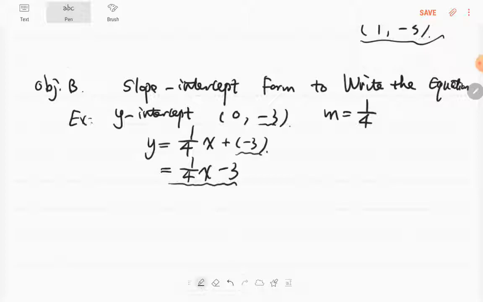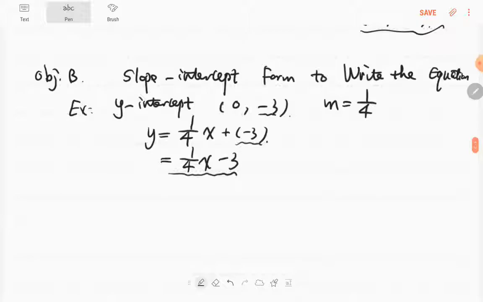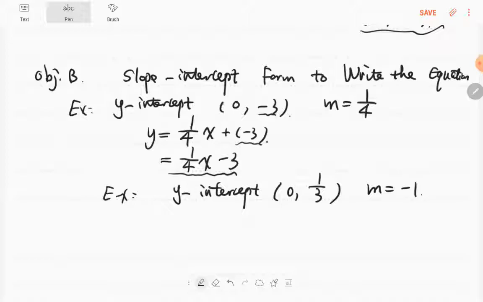Okay, of course, let's see another example. This time, if we have the y-intercept as 0, 1 over 3, and we have the slope as negative 1, how can we write the equation? We know the slope-intercept form is just like this one, right?